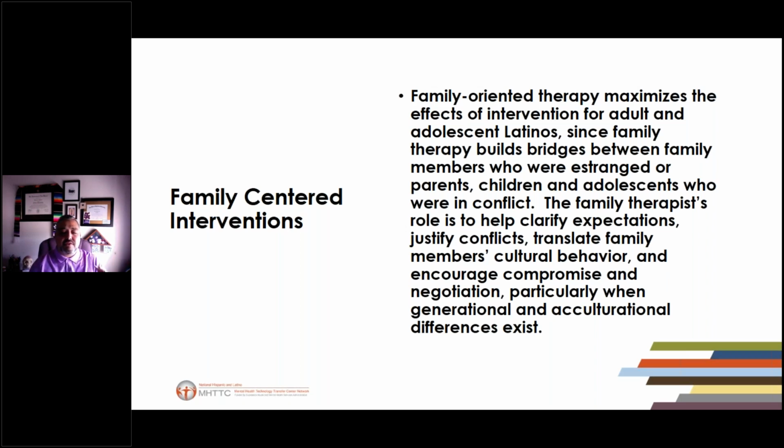And I think we have to spend time, if we're building personal relationships and familismo with clients, we have to validate that experience that they've had that many of us may never experience. And I think that's important to validate. Definitely addressing the generational and acculturation differences that may exist are key in family-centered interventions.